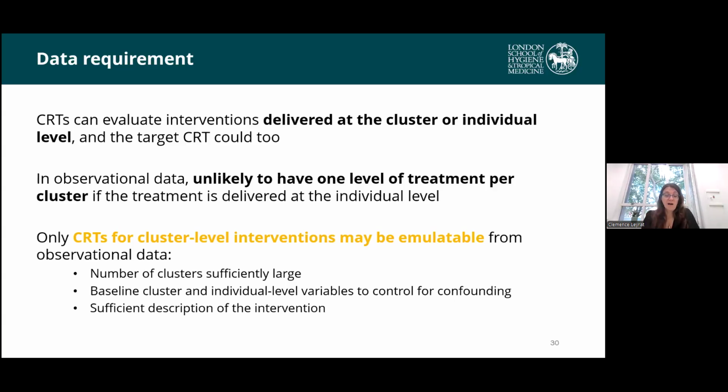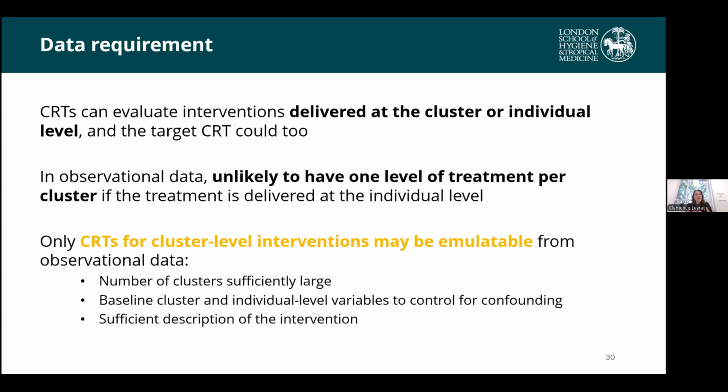The problems are, or it's not a problem, it's something we need to be aware of: we need a number of clusters which is sufficiently large. As I mentioned, if the number of clusters is too small, sometimes we cannot achieve acceptable power, and we may have issues with the type 1 error rate as well. We need to have sufficient information about the clusters and the participants to control for confounding, and sometimes that's a big limitation.